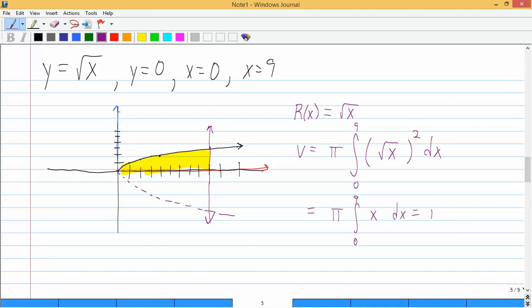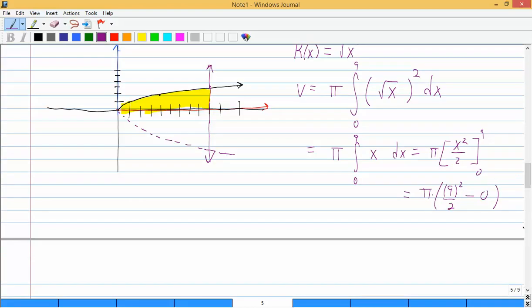So that's going to be pi times x squared over 2, evaluated from 0 to 9, or pi times 9 squared over 2 minus 0 squared over 2. So 9 squared gives us 81. So our volume is going to be 81 over 2 times pi.